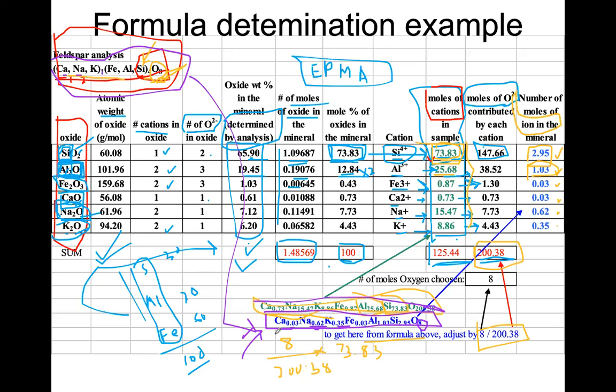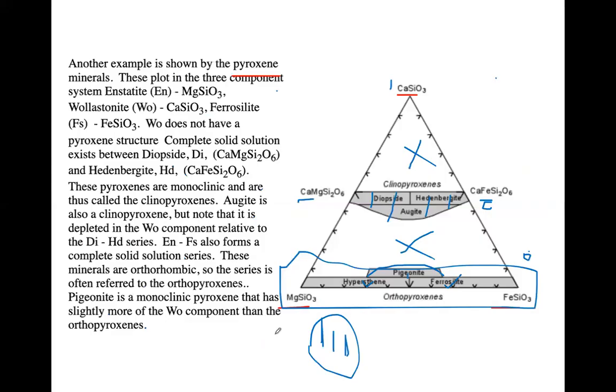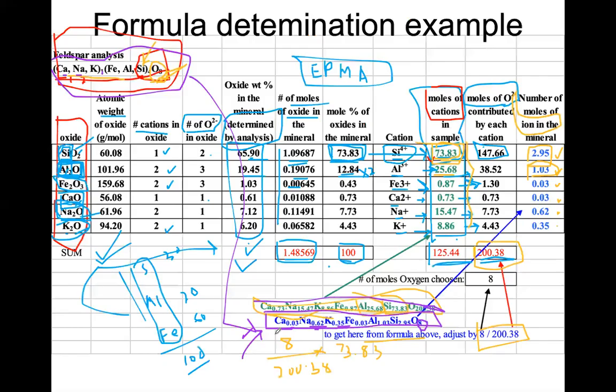Okay, so this is how we do this formula recalculation, right? So all these things are related with solid solutions. So this is important. Even non-solid solution minerals also you have to do formula recalculation after actual analysis after EPMA. Okay. So this is how we do these mineral calculations. Using an Excel worksheet, you can easily do this calculation.